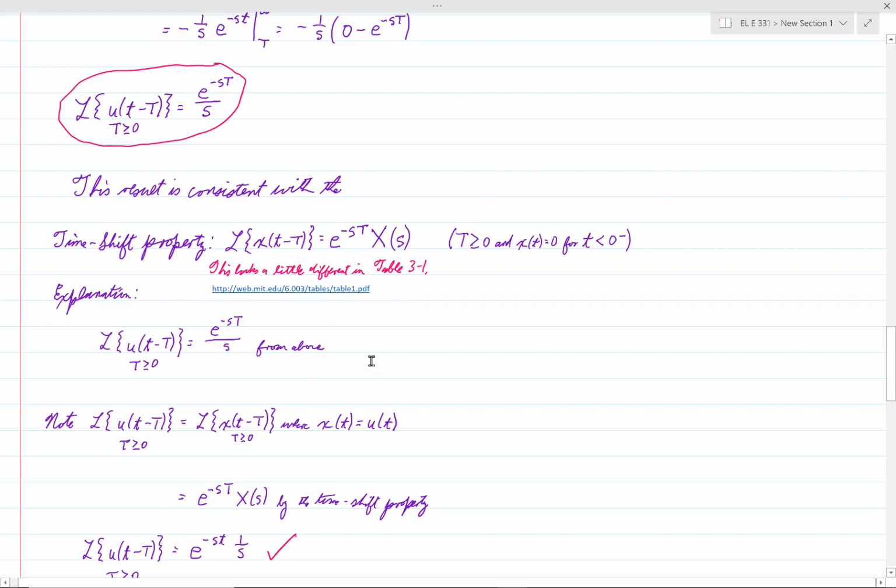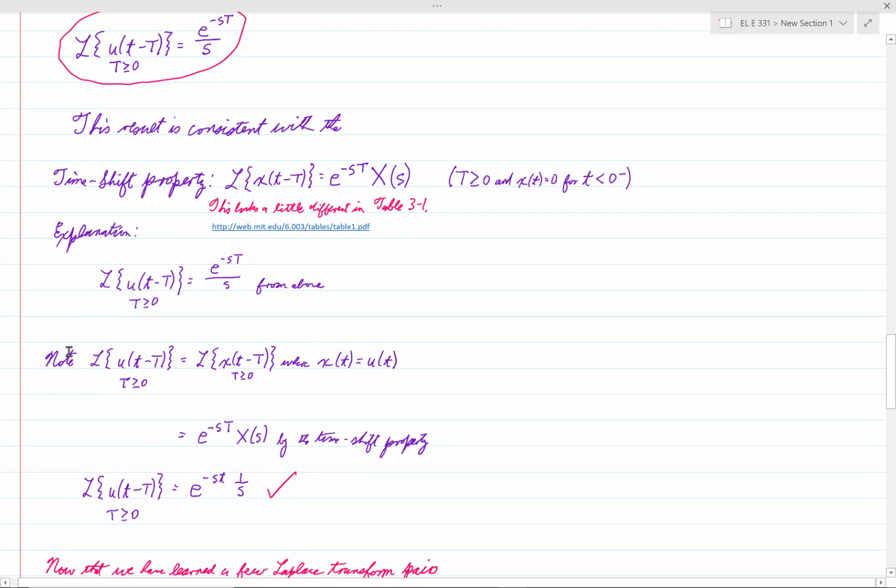But now the way that we could get it using the time shift property is the following. We say the Laplace transform of u of t minus capital T could be thought of as the Laplace transform of x of t minus T, where x of t is equal to u of t. But according to this time shift property, that will be e to the minus sT times X of s, where again x of t is u of t.